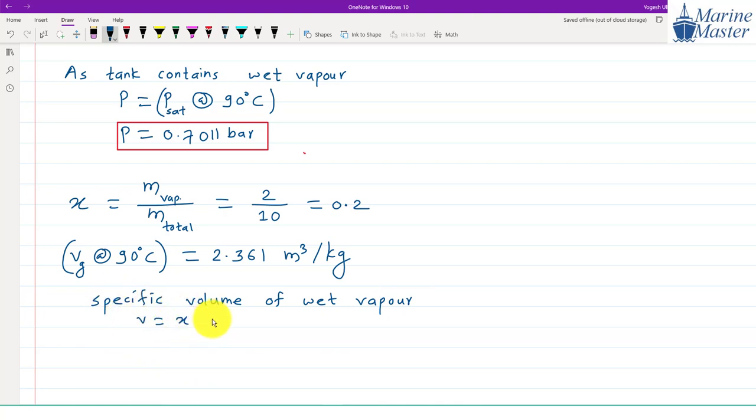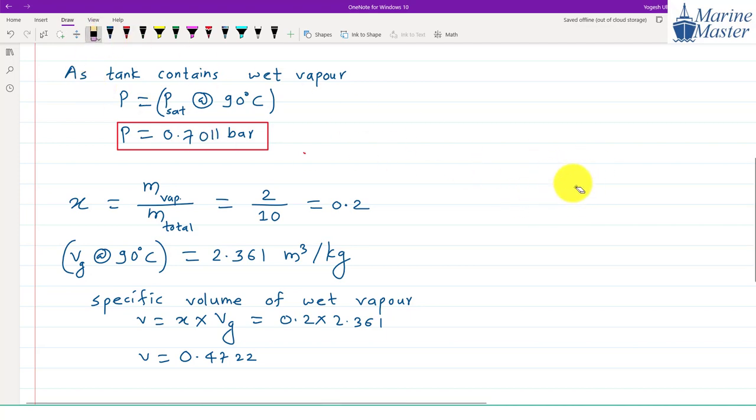Small v is equal to x into Vg, where x is 0.2 and Vg is 2.361. If you do the calculation, 0.2 multiplied by 2.361 gives 0.4722. Sometimes small v and capital V are written similarly, which creates confusion: is it volume or specific volume?